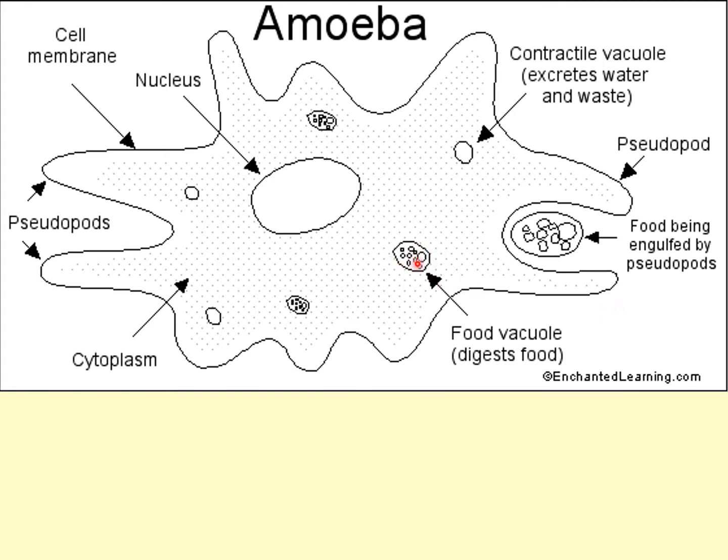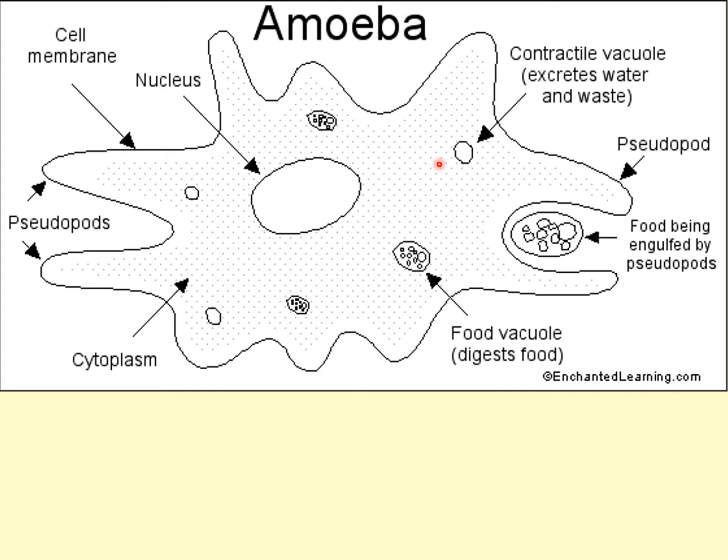Here you've got a food vacuole, again for digesting food, and here you've got a contractile vacuole which excretes water and waste. That word excretes means to get rid of. The amoeba has a nucleus which stores all of its DNA, and it has a cell membrane around the outside to control what goes in and out, and it's filled with cytoplasm, just like our cells, which is the jelly-like substance where all of the reactions happen.